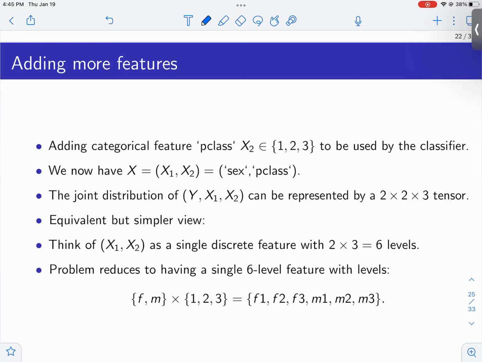Another way of viewing it is all the combinations of these 2 covariates, there's 6 of them. One is female, male, the other 1, 2, 3. So I get F1, F2, F3, M1, M2, M3. So I can treat this thing as a new single discrete feature with 6 levels. So everything is back to the previous case. We can repeat this.